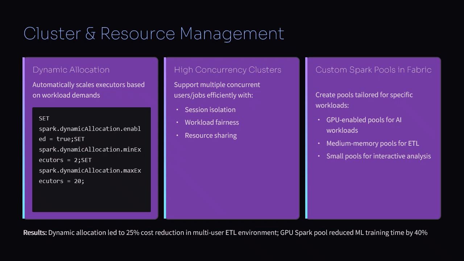Complementing this, high concurrency clusters enable multiple users and jobs to share the same cluster efficiently. These clusters provide workload isolation, session management, and fair resource scheduling, making them ideal for environments where many teams or workloads run concurrently, such as shared ETL pipelines or interactive data exploration.